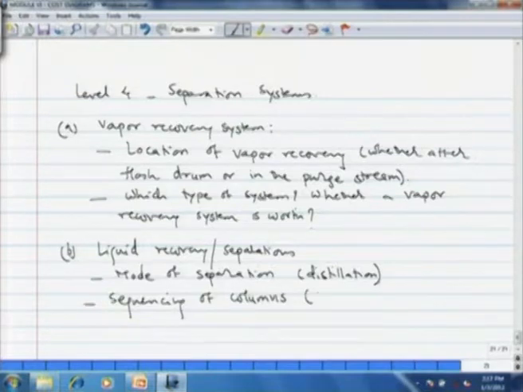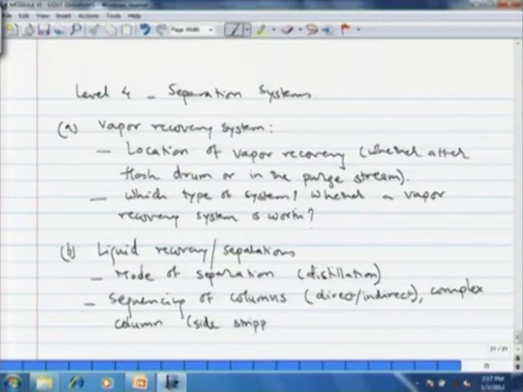Whether to go for a direct system or indirect sequence, whether to go for complex columns such as a side stream stripper, side stream rectifier or Petlyuk column, and so on and so forth.